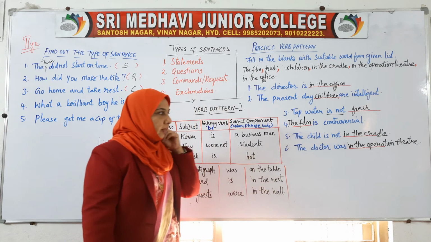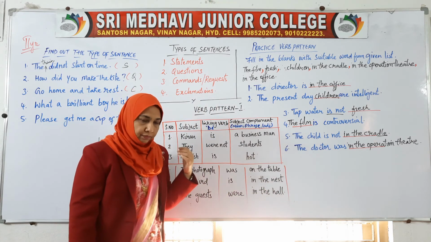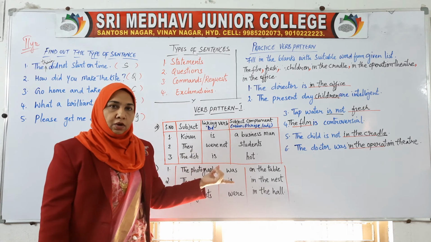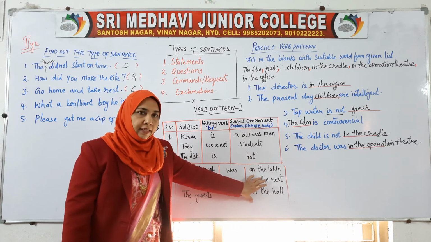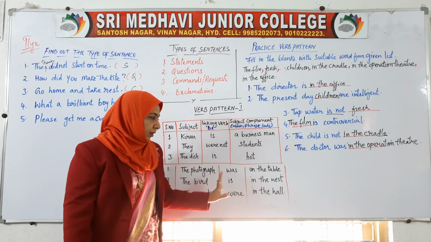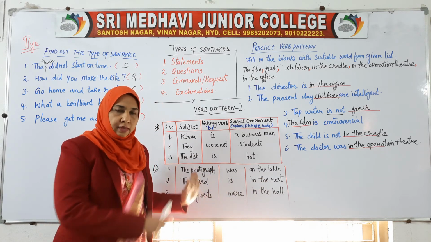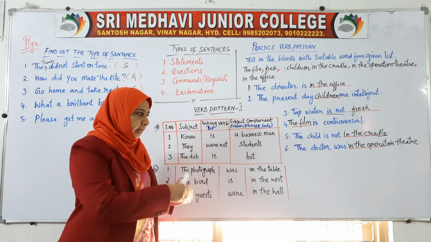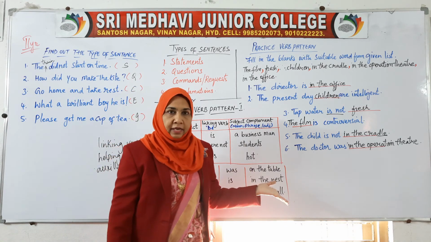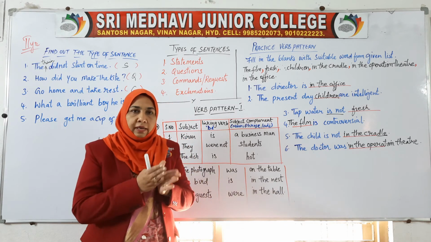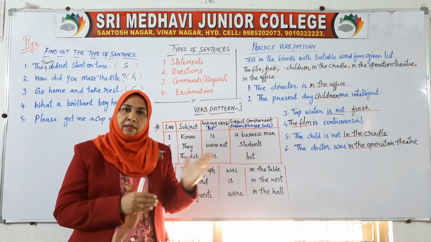The doctor was in the operation theatre. Who is the subject here? The doctor. The doctor was in the operation theatre. Was could be in the linking form, linking verb, and then we can go for the subject complement as the in the operation theatre. If you divide in that way, you can understand the sentence in a better way.